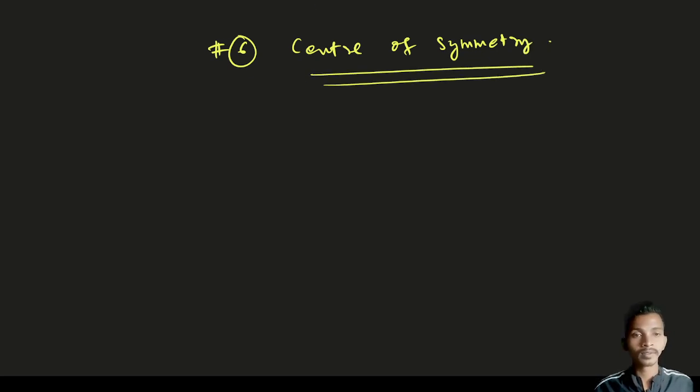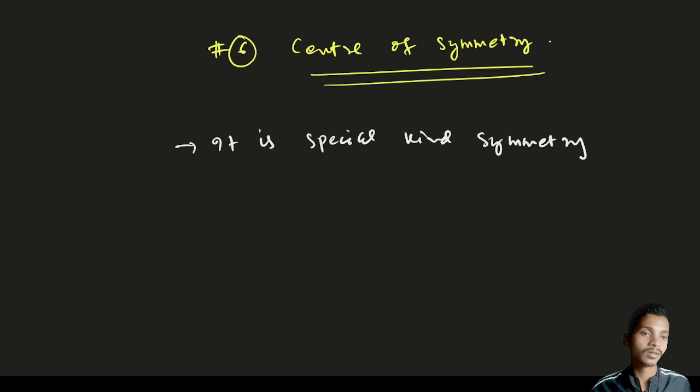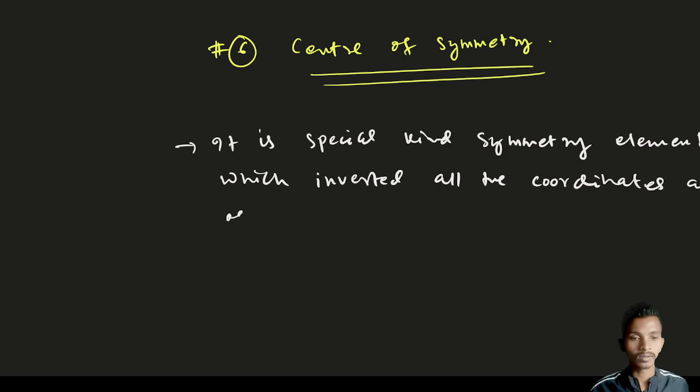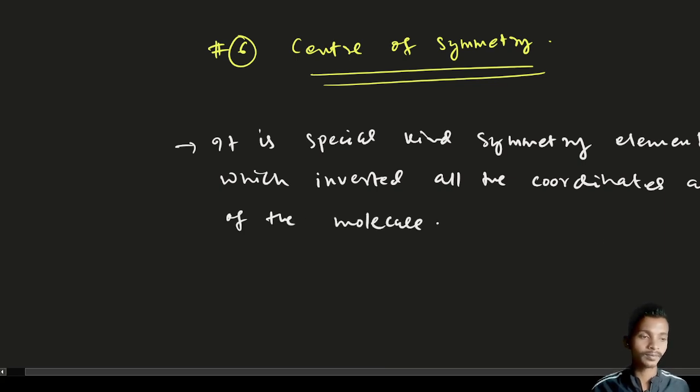Center of symmetry. So for this case, what we say is that it is a special kind of symmetry element which inverts all the coordinates, the atoms of the molecule.